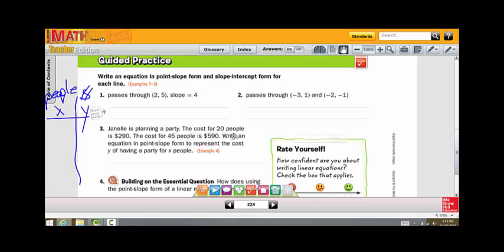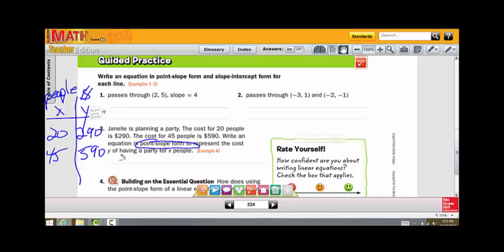And now let's put our data in a table. So 20 people cost $290. And 45 people cost $590. So we need to have the slope because we want to put this in point-slope form. We have points here. We just have a point right here, 20 and 290, or we could use 45 and 590.